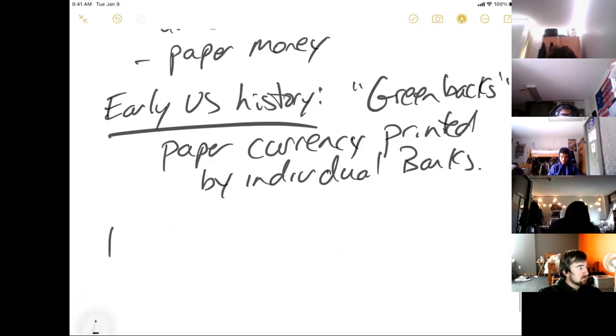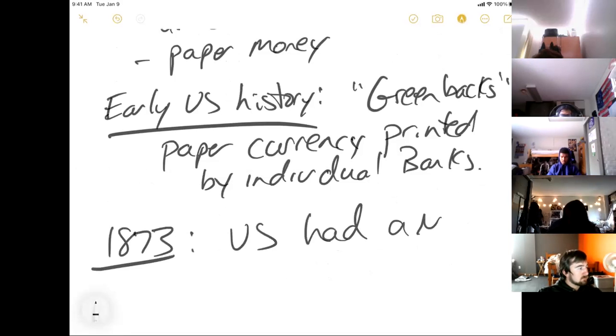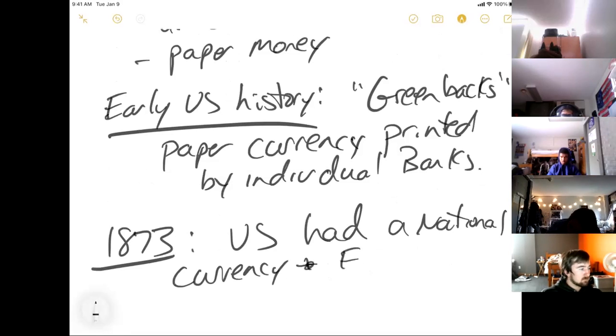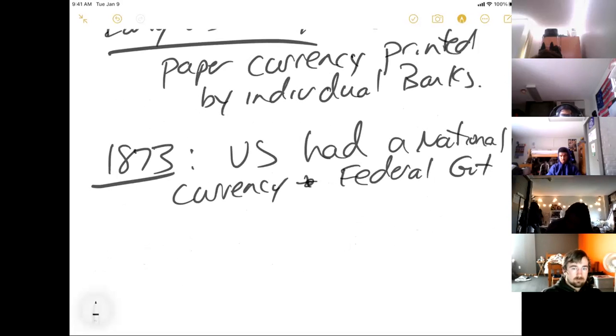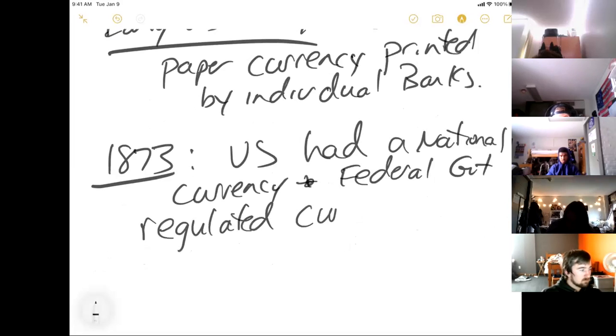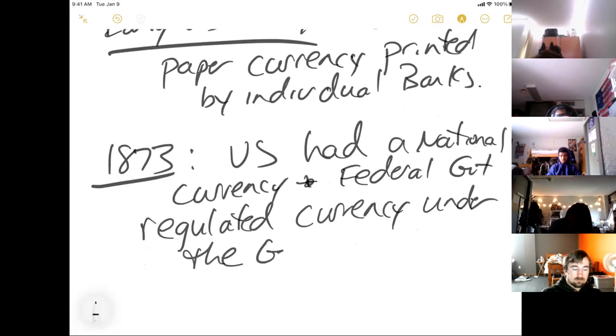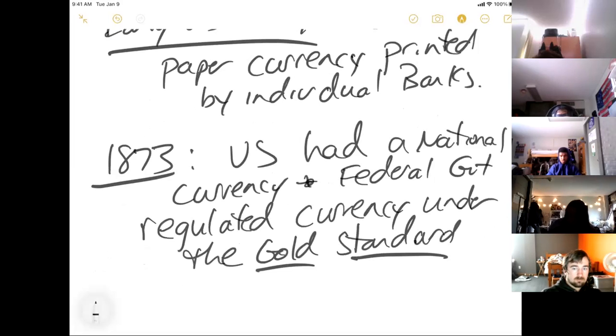It wasn't, believe it or not, until 1873 that the US had a national currency, in which the federal government basically regulated currency. Under the gold standard.